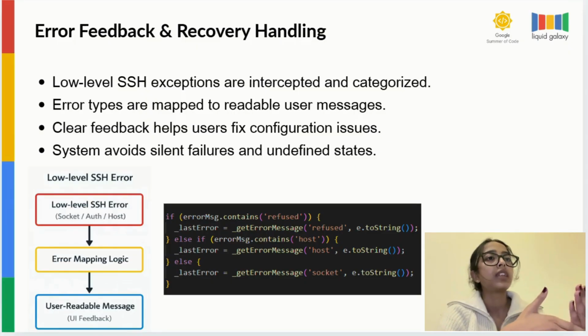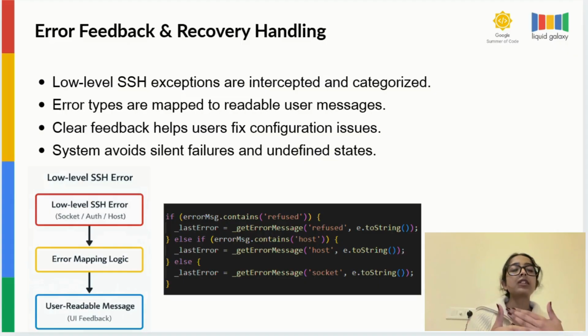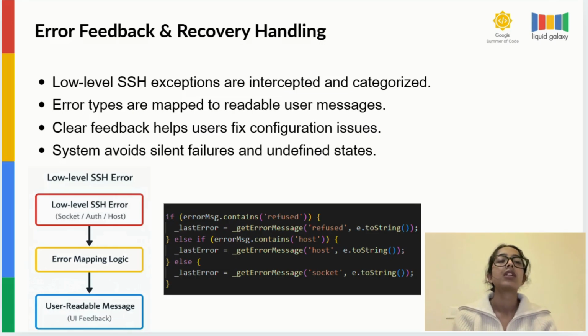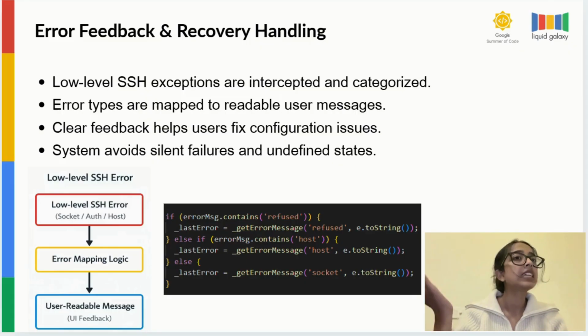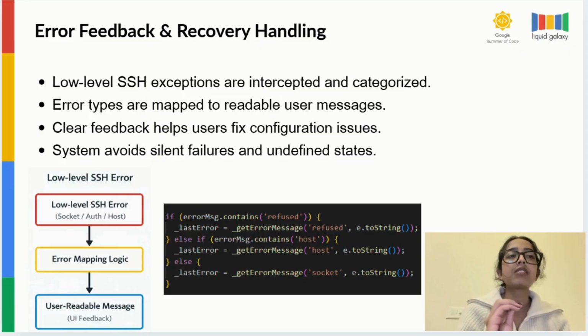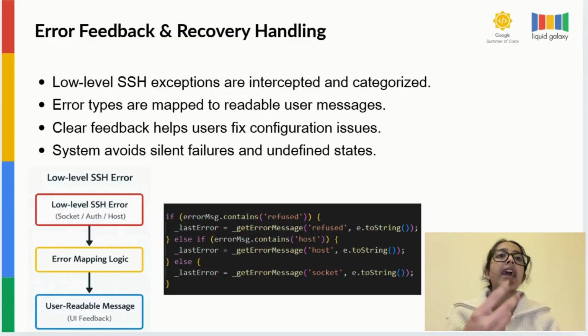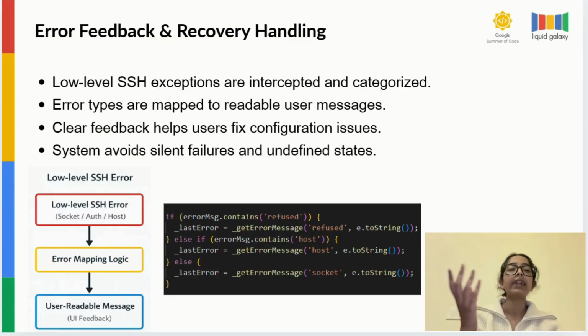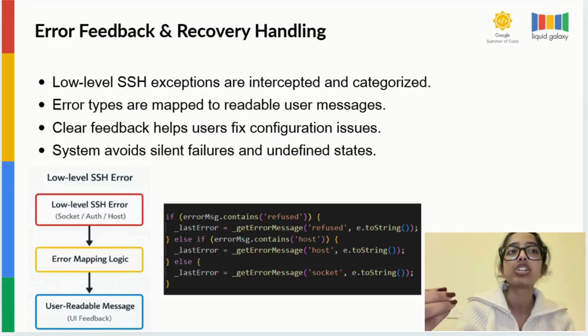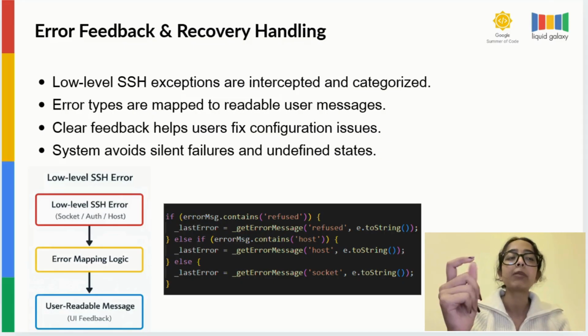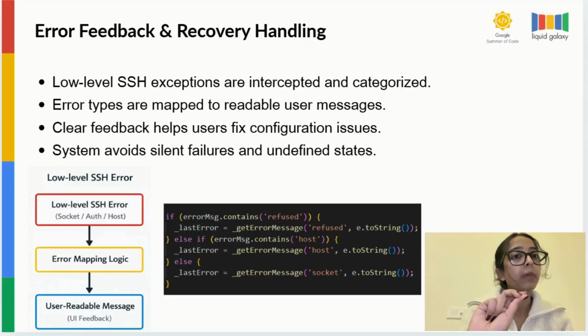Instead, low-level exceptions are first intercepted, then categorized, and finally converted into readable messages. For example, if the connection is refused, or the host is unreachable, or authentication fails, each case is mapped to a clear message that the user can actually understand and act on, instead of blindly assuming that something is happening. This helps the user fix configuration issues faster, and at the same time prevents the system from entering broken states.